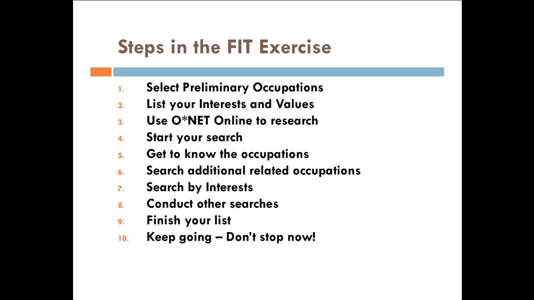The steps you'll cover in the fit exercise include select preliminary occupations, list your interests and values, use ONET Online to research, start your search, get to know the occupations, search additional related occupations, search by interests, conduct other searches, finish your list, and keep going, don't stop now.